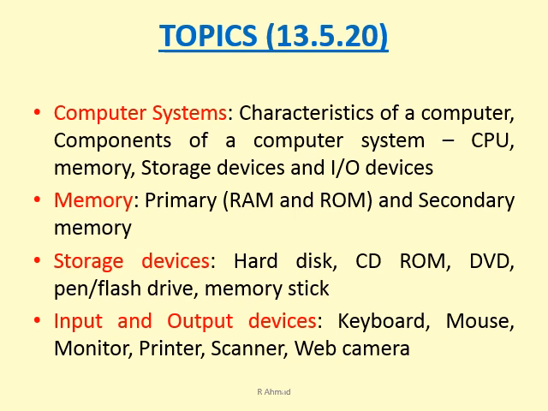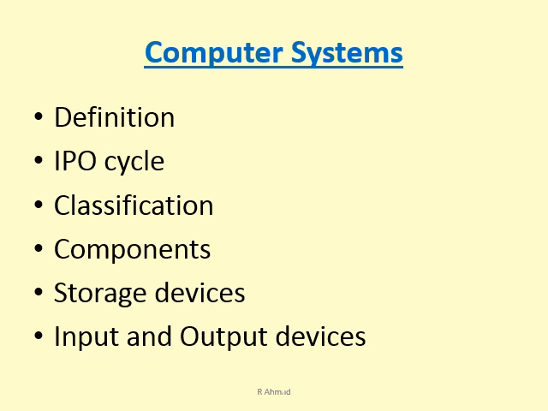I would be talking about all these headings and the subtopics that we covered under them one by one, so that all the topics are quickly revised and you can look at the detailed contents in individual presentations. So 4 topics we are going to cover today: computer system, memory, storage device, input and output device. Let us begin with computer system.